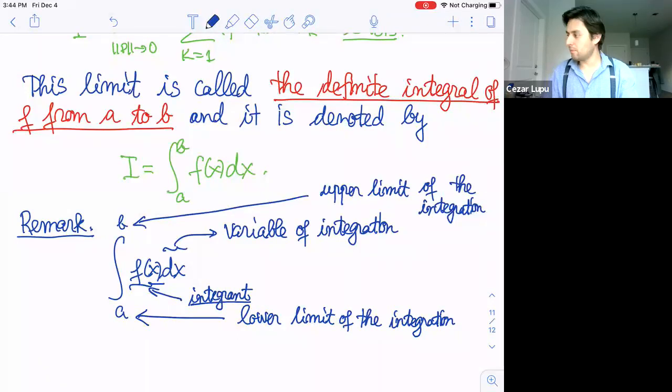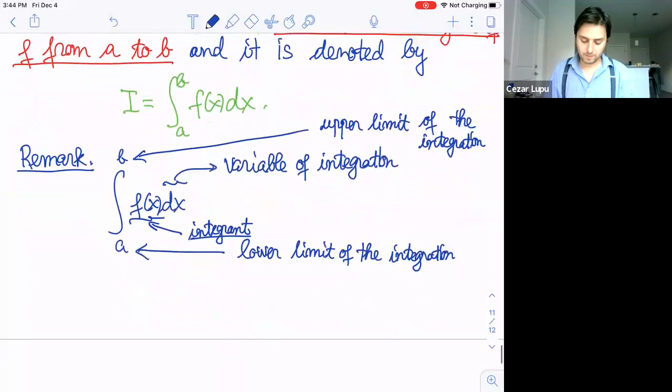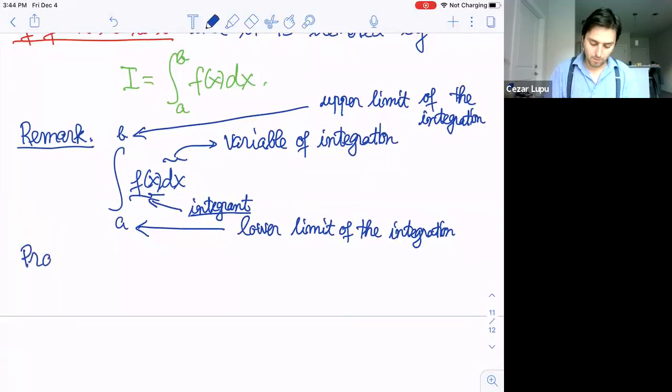And now, let me talk about some properties. The first one I have in mind is the definite integral at a point.